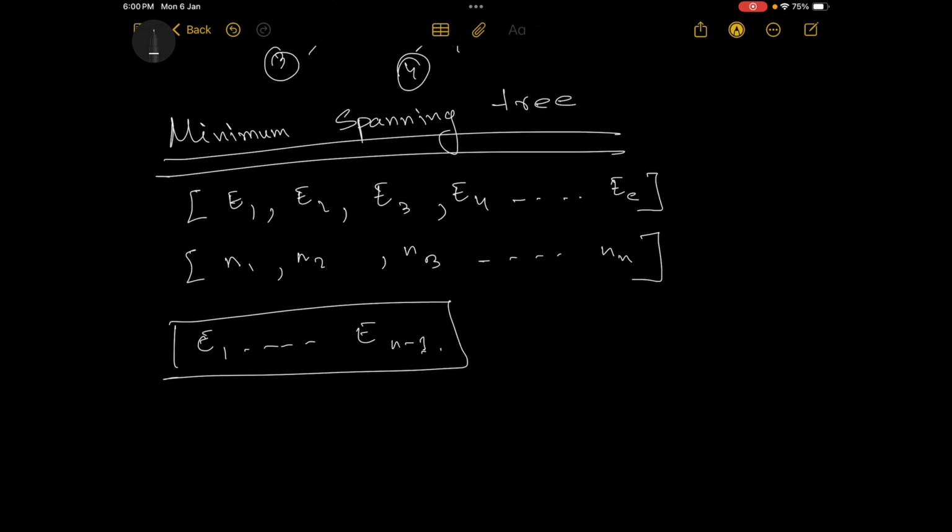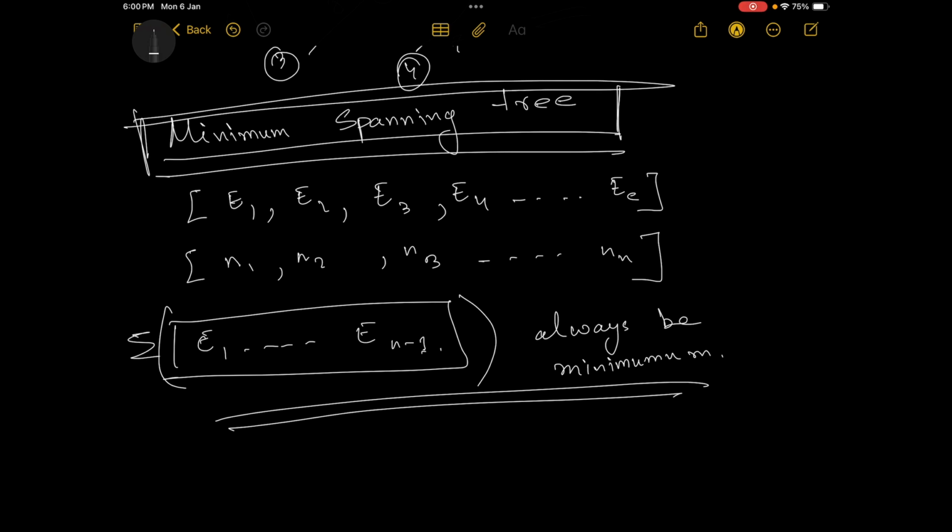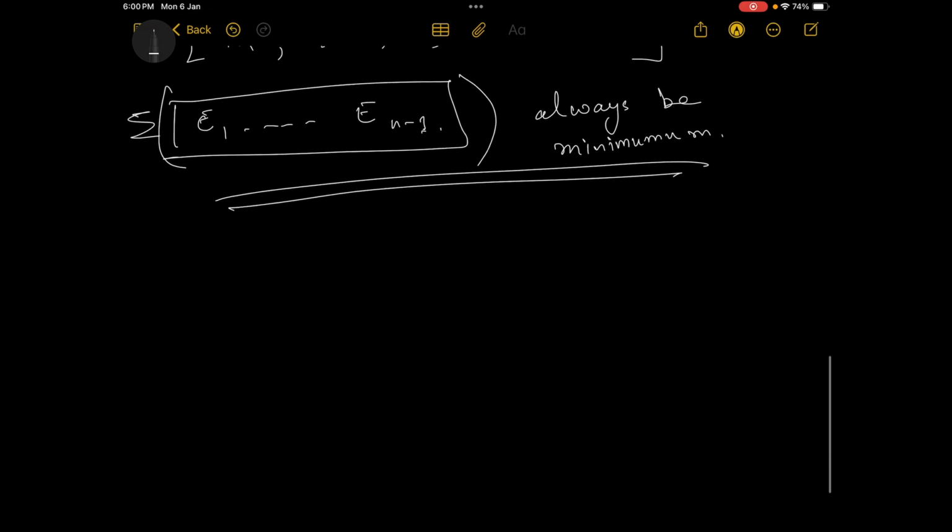Now, for the spanning tree, the sum of E1 to En minus 1 would always be minimum. So, consider this minimum spanning tree to be an optimization on the type of graph that can be formed. The spanning trees can be found from the original graph, right. It is an optimization.